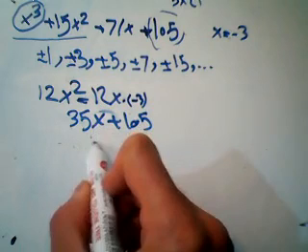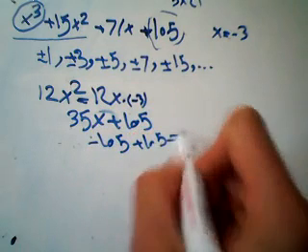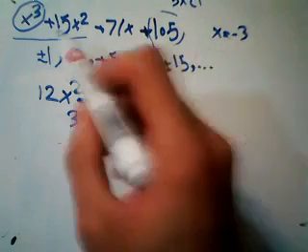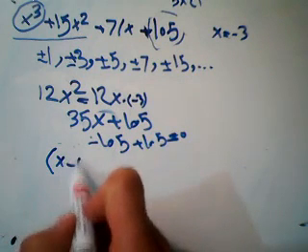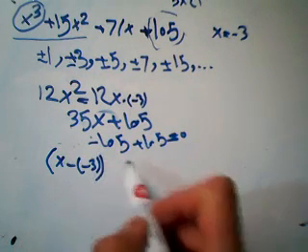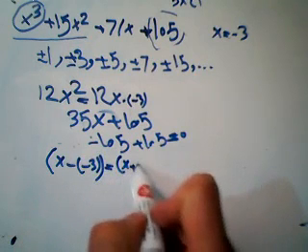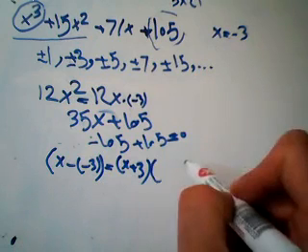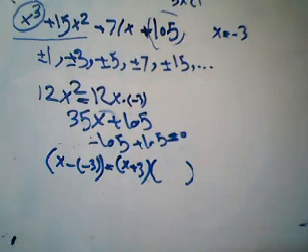That would be minus 105 plus 105, that would be 0. So x equals minus 3 makes this 0. So x plus 3 is one of our factors. Okay. And in order to find the rest, we should divide this by x plus 3 by the method I gave you in the previous video.